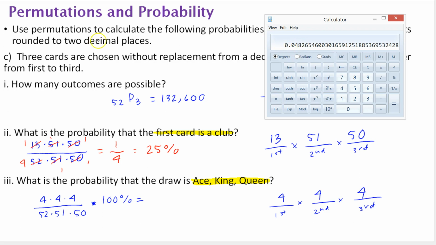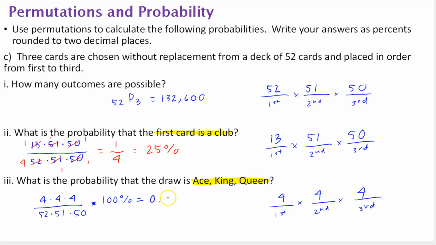Let's go to 4 decimal places here. 0.0483%. Again, on your homework, you'll be told what decimal place to go to, and you go to that. Here in this situation, I wanted a few more extra digits just to see the rest of the probability.